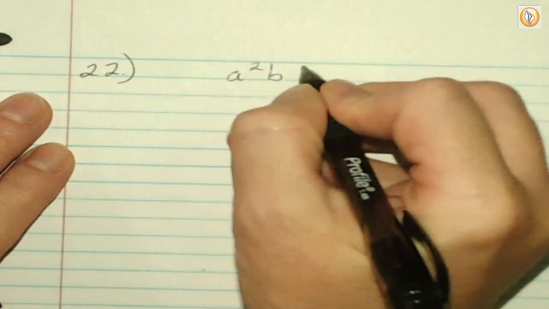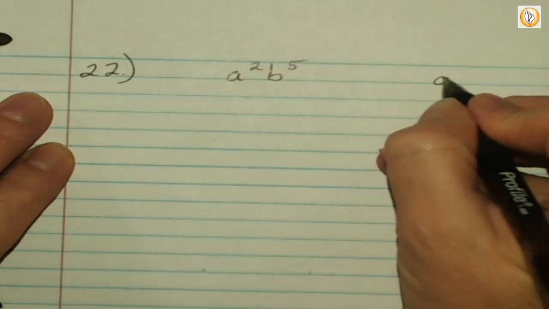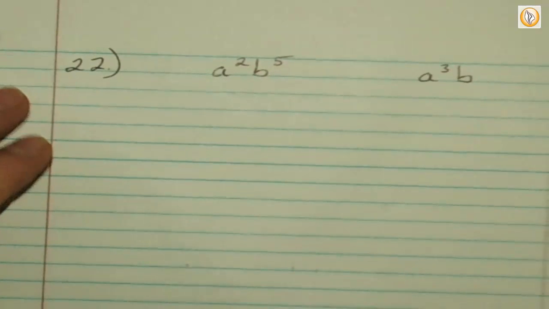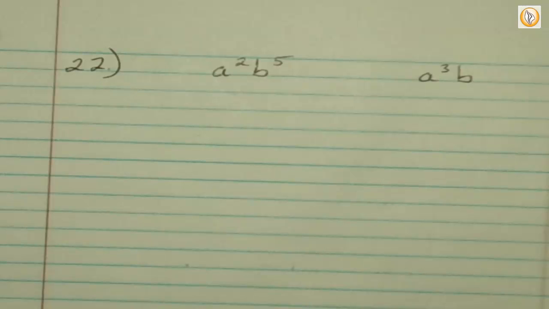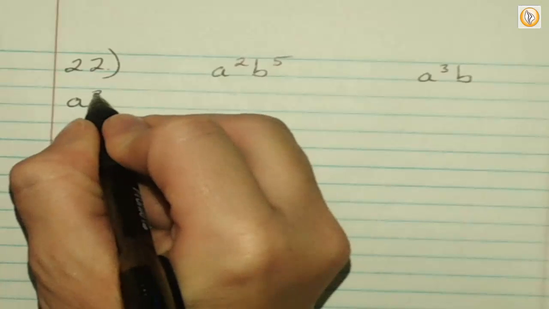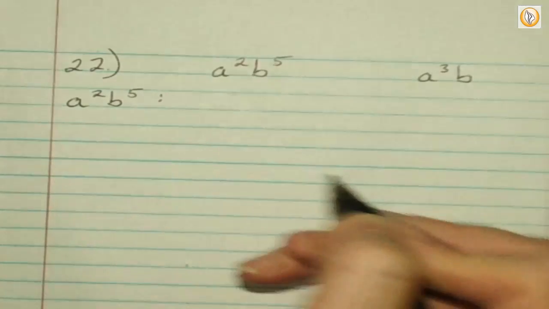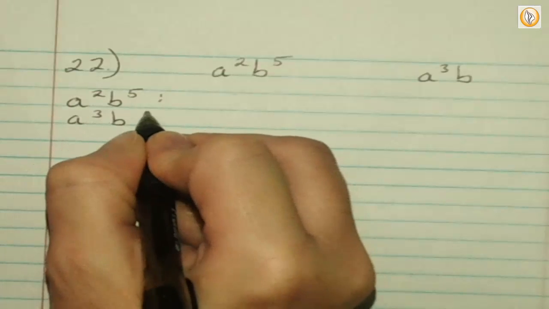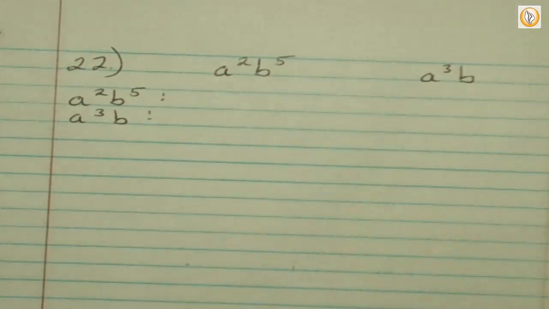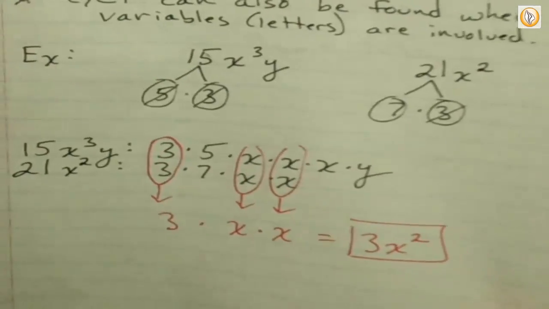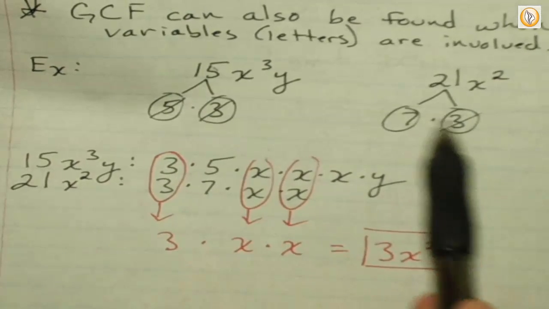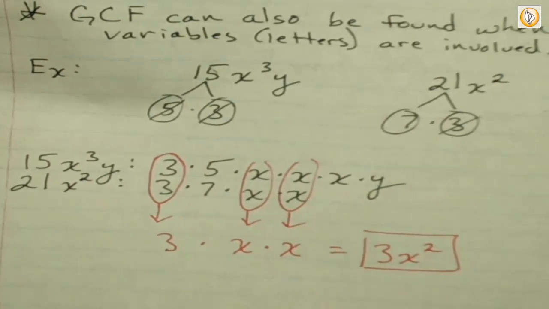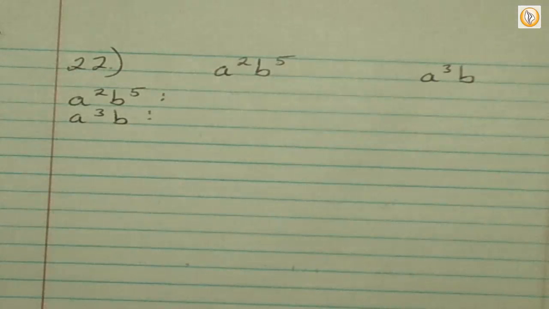A squared times b to the 5th power, and then a cubed times just b. This one, you don't have to do any factor tree. Remember, with letters, you don't have to do that. So we're just going to write them out over here. That's the beauty of these. Now, if I had a number there, we would do the factor tree of the numbers, work it out, and then do the letters, okay? But in this case, there's no number.